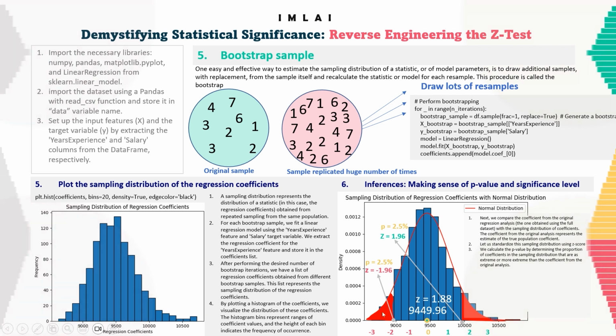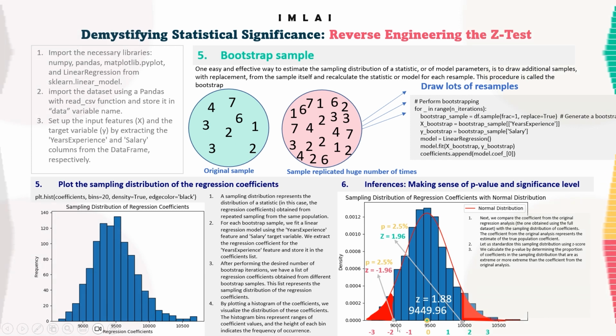Obviously, probability here is nothing but frequency. So 2.5% of regression coefficients are falling after the 1.96 z-score, and another 2.5% are falling on the left side of minus 1.96 in z-score value.